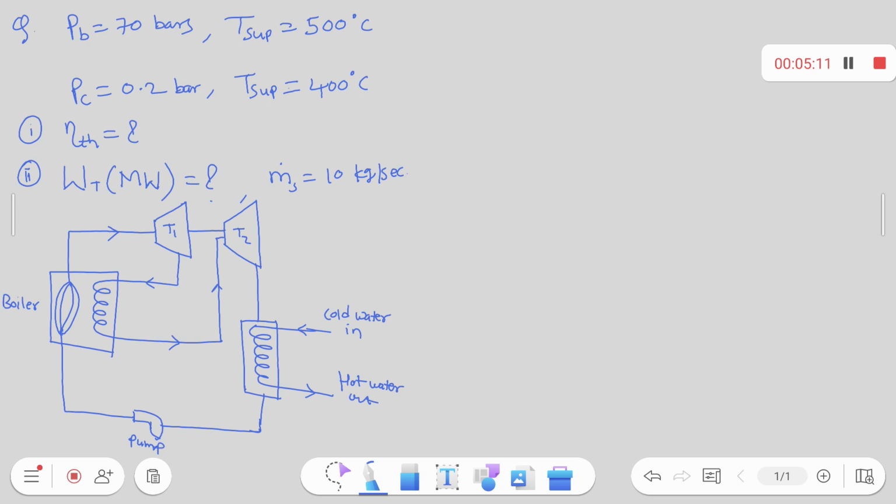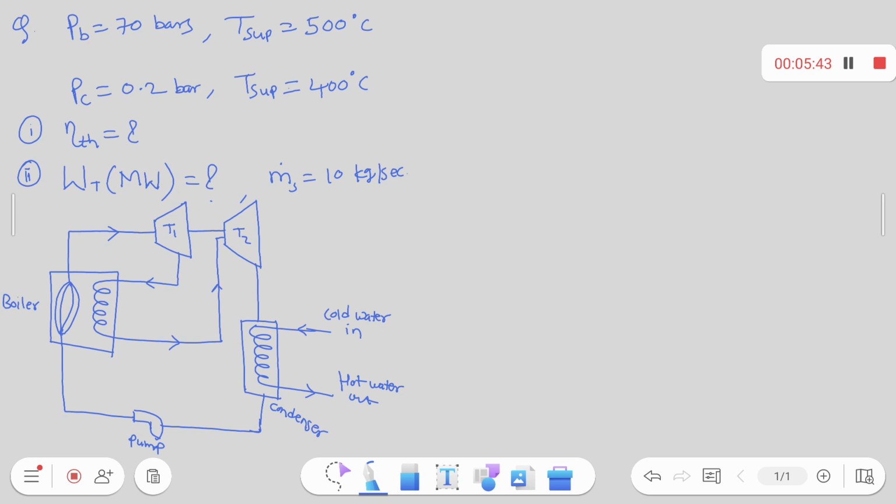Okay, this is boiler, turbine 1, turbine 2, and this is the condenser. Now where is this hot water going? It is going to the cooling tower, where it becomes cold and comes back. That cycle is different. So this is the flow diagram, reheating.